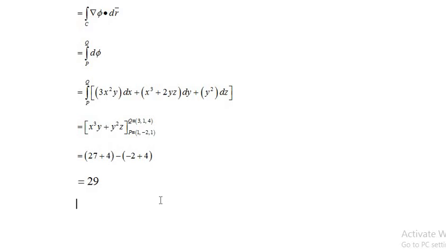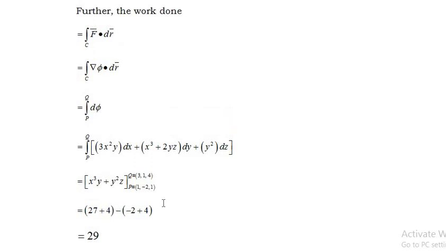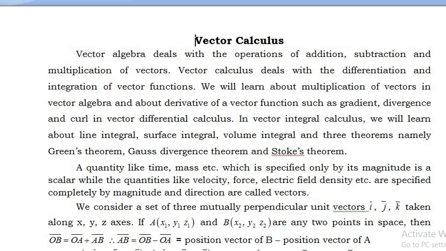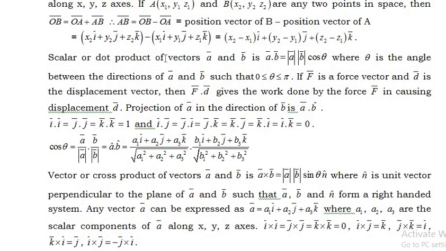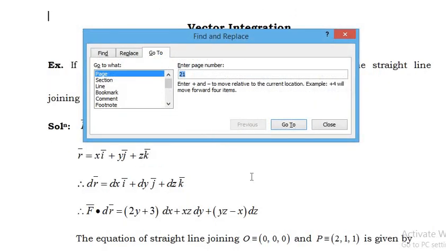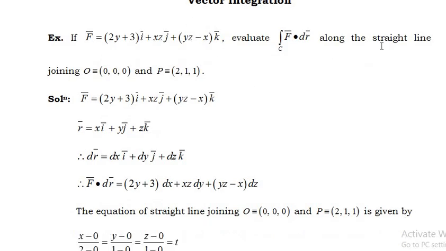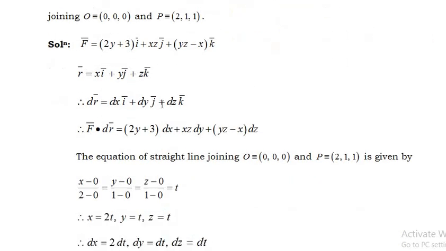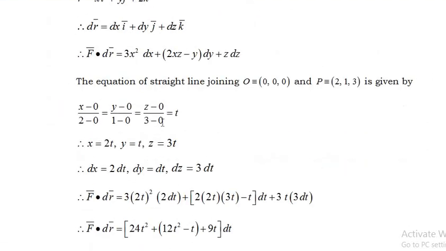So with this we come to the end of this session. So remember that in this section we have discussed 6 problems on the work done. In the first two problems we were given the path as a straight line, so accordingly we express the variables in terms of parameter t.